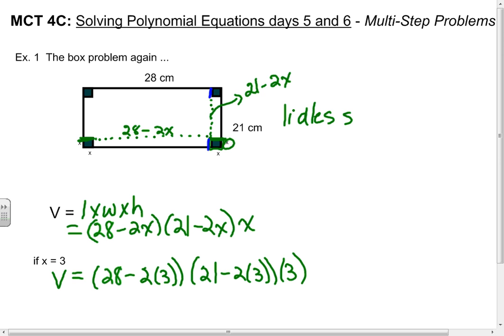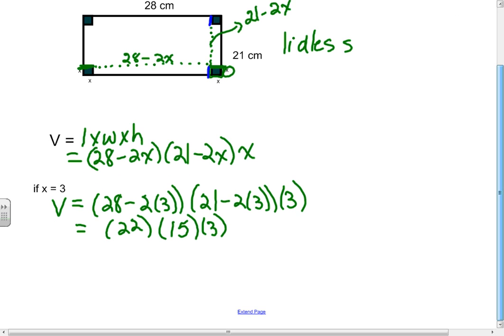Okay, so I've got 28 minus 6, which is 22, times 21 minus 6, which is 15, times 3, and we will have our total volume for that box if you cut a 3 centimeter by 3 centimeter square out of the corner and fold it up. So our volume would be 990, and all of the units are centimeters, so it's going to be centimeters cubed for volume.